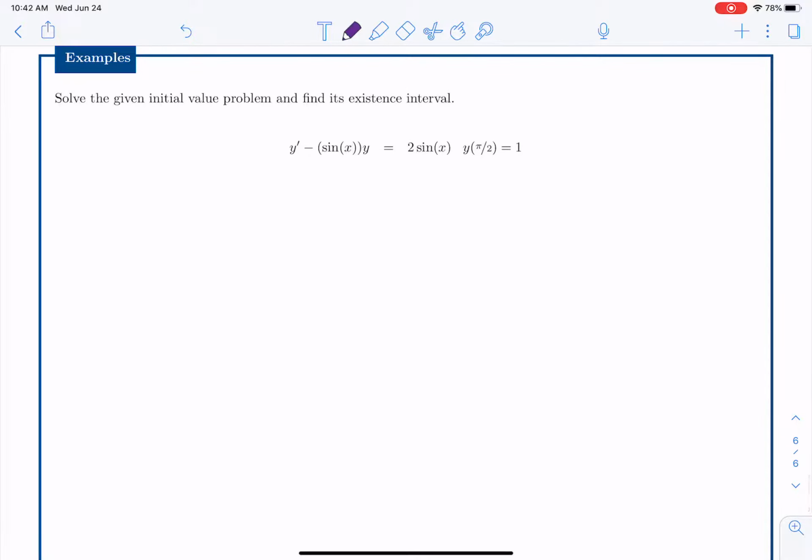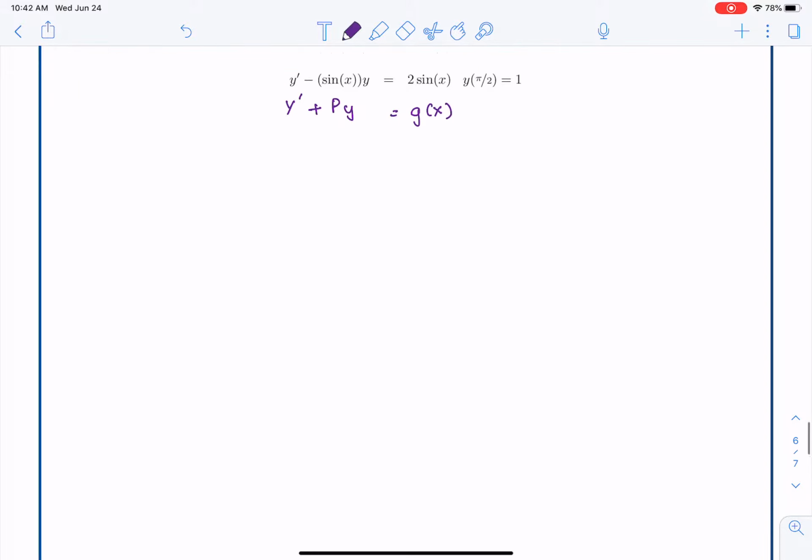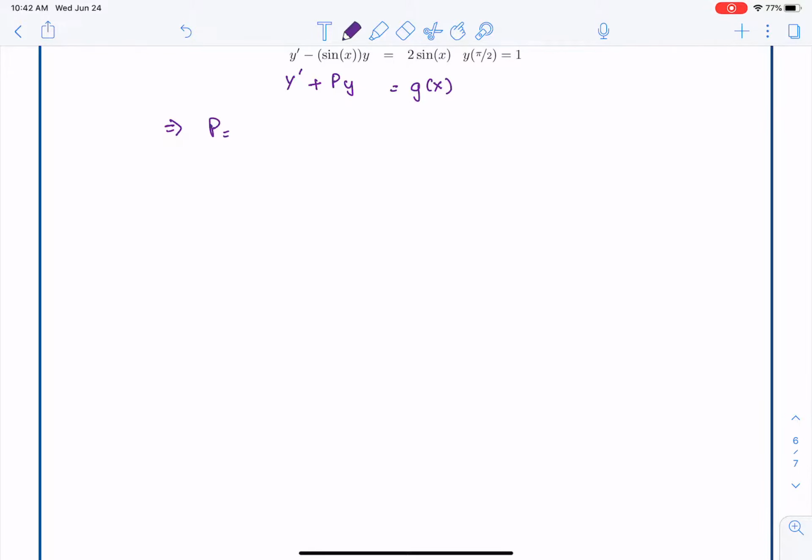Here is another initial value problem, where we have things in the very standard form: y prime plus p times y equals g of x, which would imply p is negative sine x, and g of x is 2 times sine x.